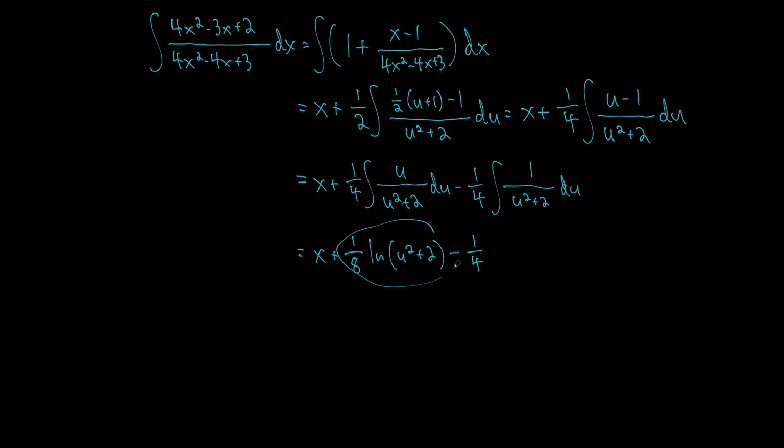Try taking the derivative here, and you can see that you get back over there. And then I've got 1/4 times 1 over √2 times arctan of u over √2. We just use the formula that we just talked about.